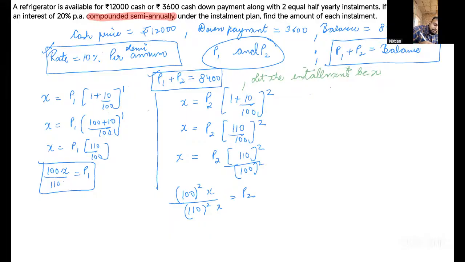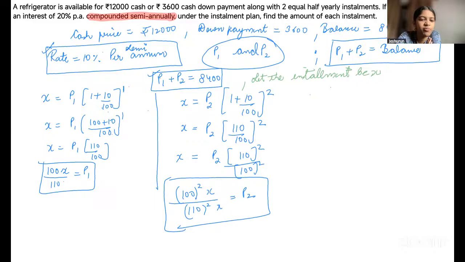This is P1 and this is P2. P2, I am telling it again, is the principal on which the interest is applied. Now ask me any question, guys. Yes, sure. The first, P1, is 100x upon 110, but now it's 100 square x upon 110 square. Yeah, and if P3 is there, then 100 cube x upon 110 cube should be there.